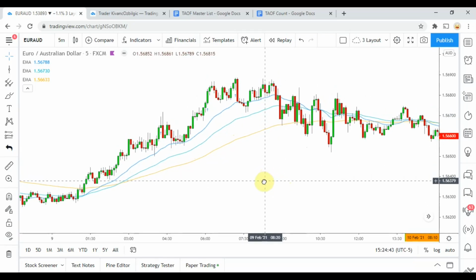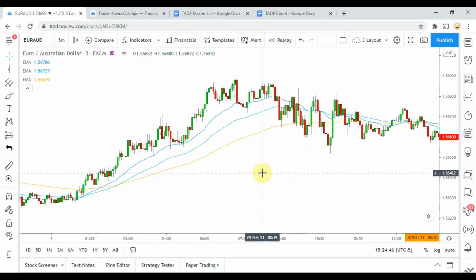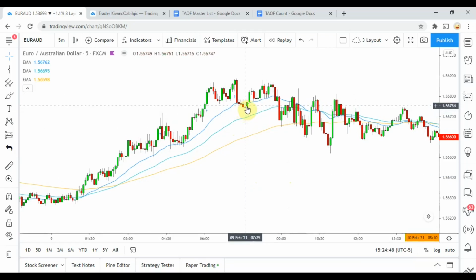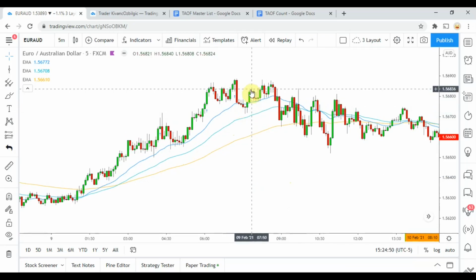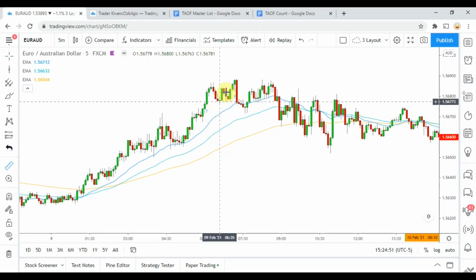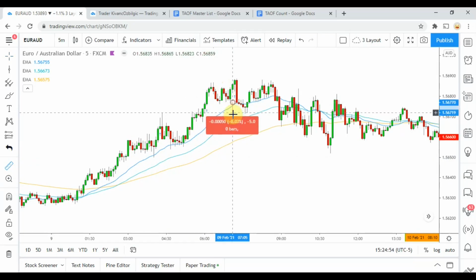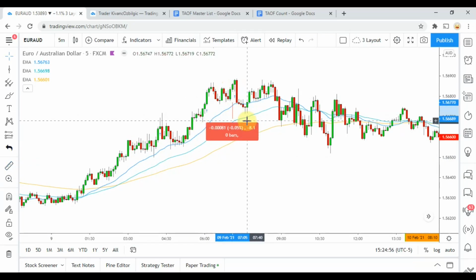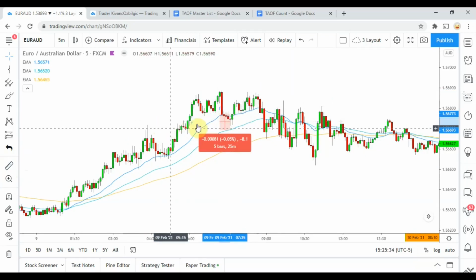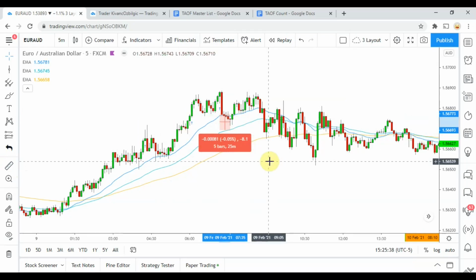Then they say you should wait for price action to break back above the 25. Your stop should be below the 50, so down here the 50 is the stop, and your target is 1.5 times the stop.